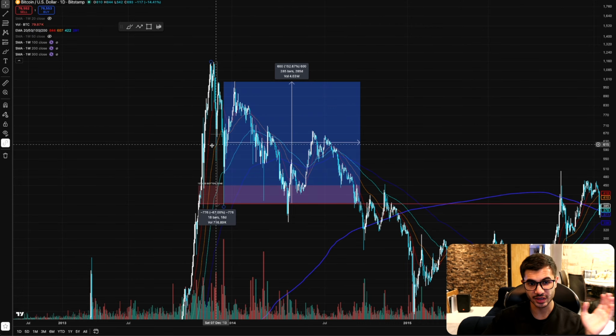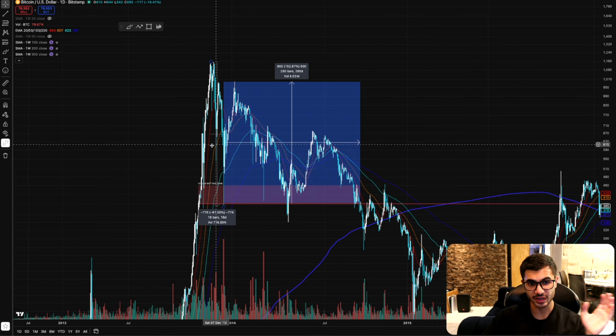Now, the length is the average for that box, but from the bottom to the peak, we took the minimum of the 3 data points that we have. If you see here, in the previous cycle it was 50%, in the second bear market it was around 100%, and in the first bear market it was around 150%.